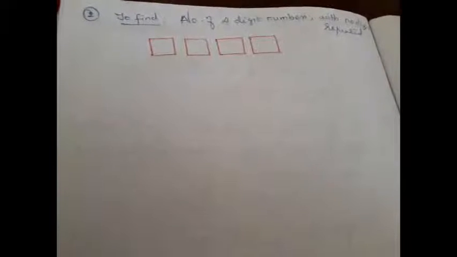So the first digit, the 1000th place, should not be 0, right? The 1000th digit should not be 0. What about the remaining 3 digits? They can be any one among 0 to 9, and repetition of the digits is not allowed. If we fix any one number in the 1000th place, then the remaining 3 digits, hundreds, tens and ones, can occupy any one of the remaining digits only, right?